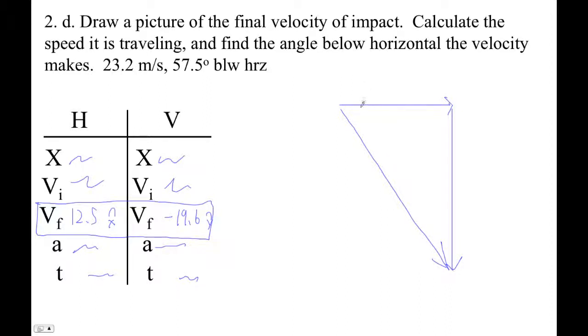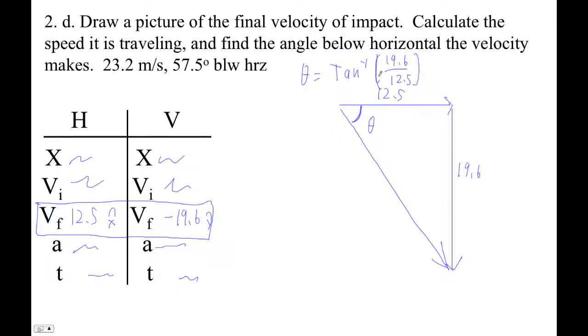All right, so let's see. Let's find this angle. Let's find the hypotenuse, because that's what we want to find, right? Okay. So that angle there is going to be the inverse tan. Theta is, so this is 12.5. This is 19.6. So that angle is tan minus 1 of 19.6 over 12.5.